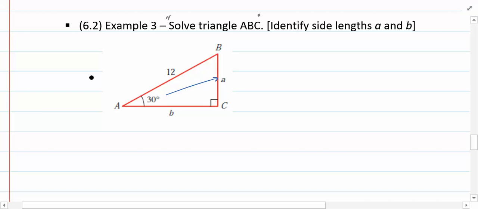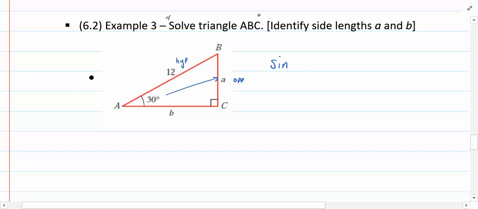In this case, this is an opposite side, and the other numeric value that's given to us is a hypotenuse. So if I think of the trigonometric ratios that include opposite and hypotenuse, that's either sine or cosecant. I'm more familiar with the original trigonometric function, so I'm going to use sine here.